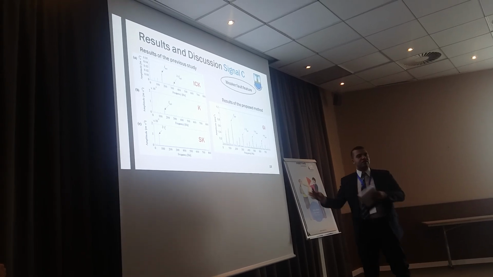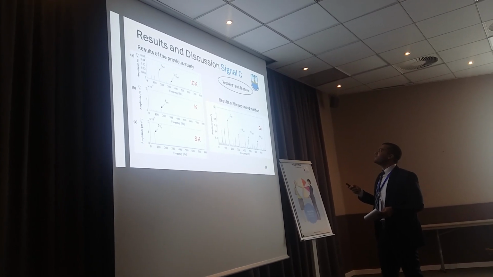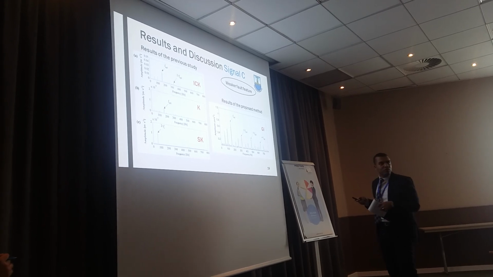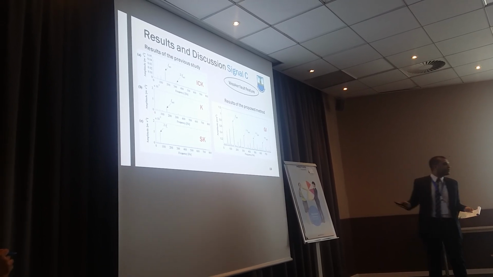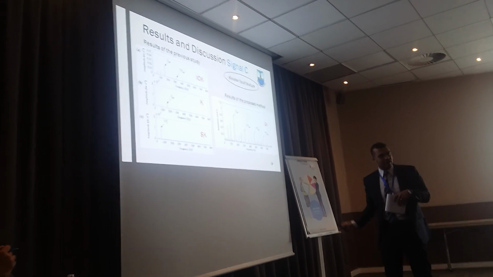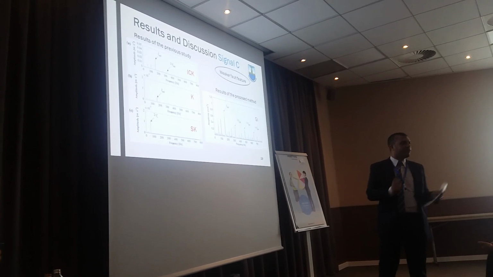Whereas, on the other side, the results based on my method, which is based on Gini index, revealed again up to the fourth harmonic of the bearing characteristic frequency, regardless of whether the signal is very noisy or not.